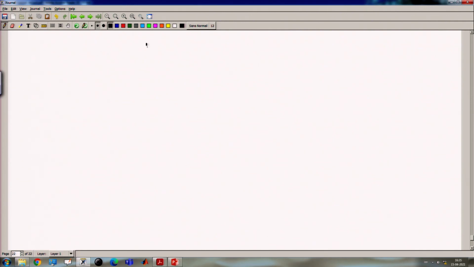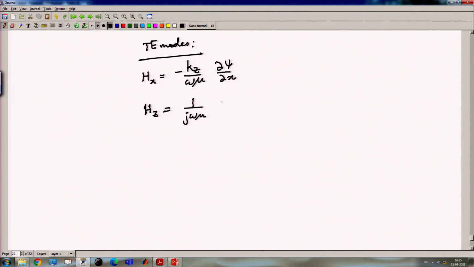So, for the TE modes, the fields are obtained from the Psi functions as h x equal to minus k z by omega mu del psi del x, h z equal to 1 by j omega mu times k square minus k z square times psi, and E y is given by del psi del x.